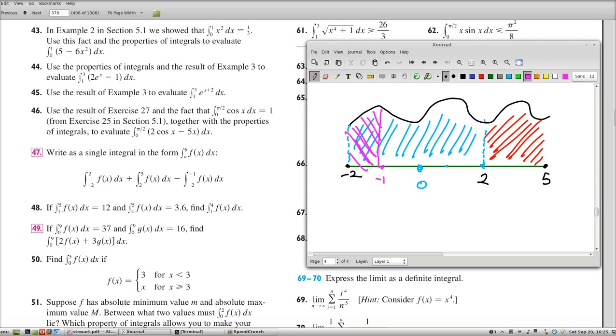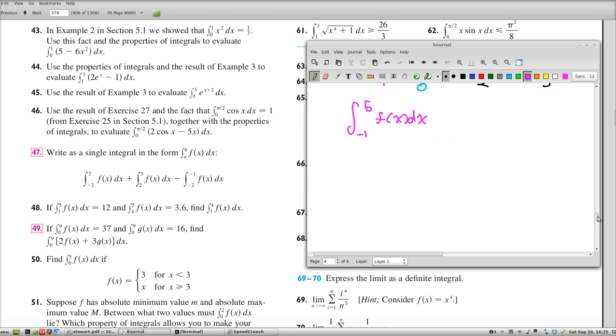So the magenta lines and the blue lines cancel each other out in that region, and that basically just annihilates this. So you can see what's left, the region that we're actually going to count, is just the area under the curve between -1 and 5 of f of x dx. And that's the answer to number 47. Very important thing to understand.